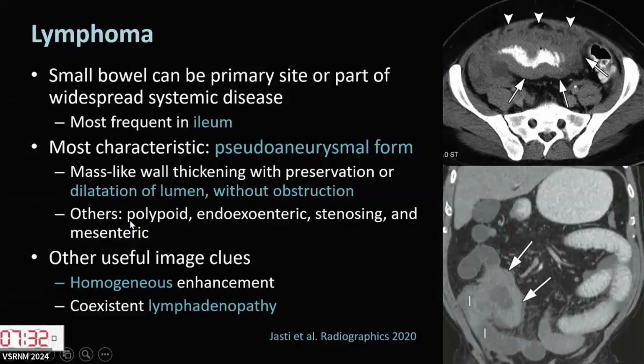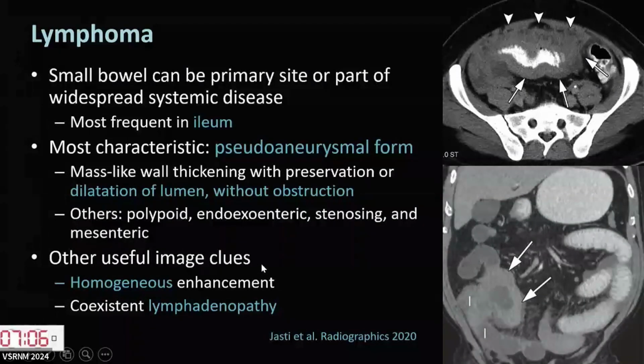Other forms include polypoid or endoexoenteric. This means there is a large mass connecting with the small bowel and having a cavitation that connects with the intestinal lumen. This is called the endoexoenteric type. Other types include stenosing and mesenteric types.